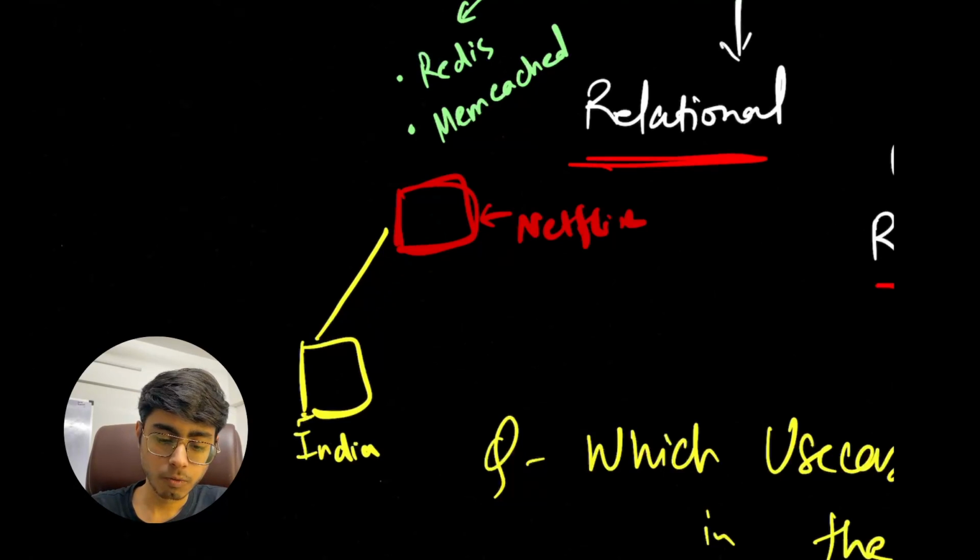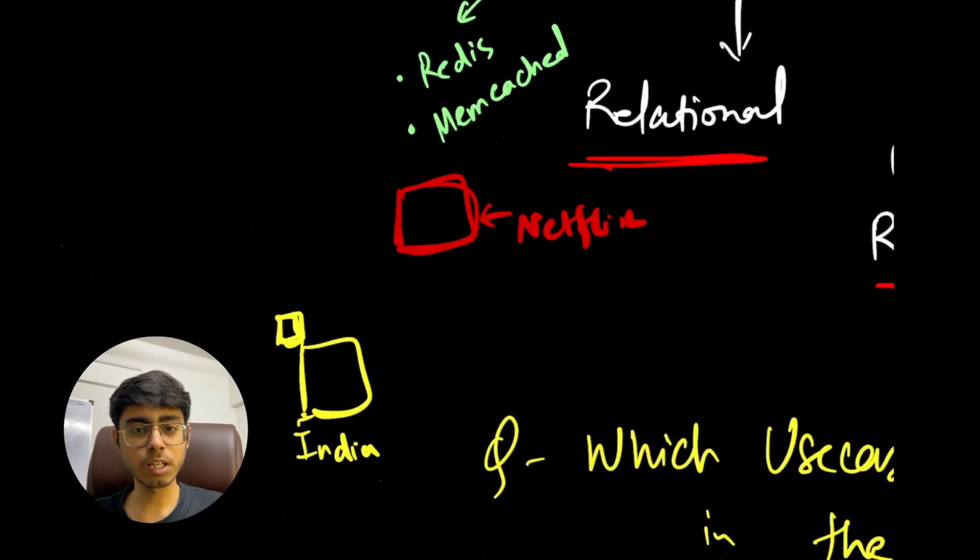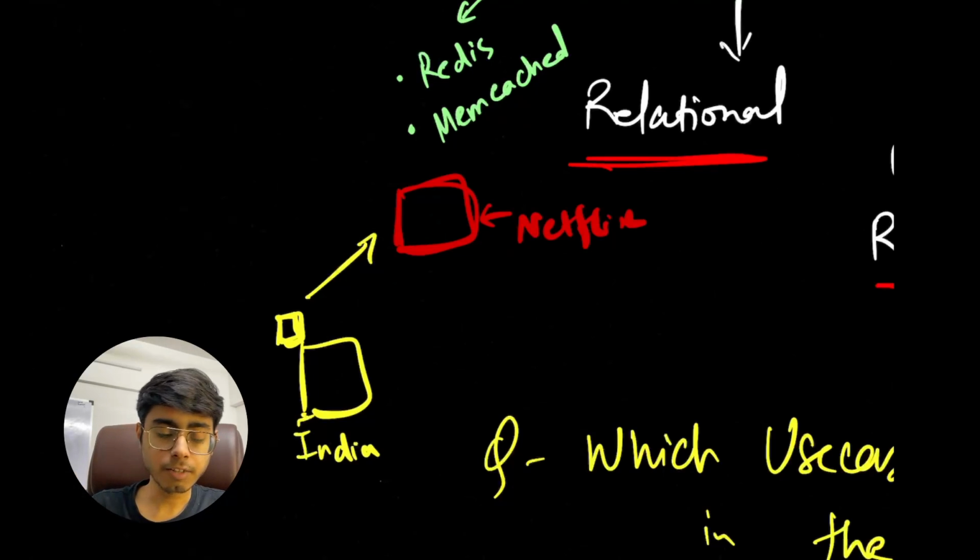So how about this: in India, let's choose a famous location, Mumbai. In Mumbai, we install a small server which keeps a local copy of this Netflix movie. Let's say Netflix launched a movie. As soon as the movie is launched, the Mumbai server will fetch that copy and save it with itself.